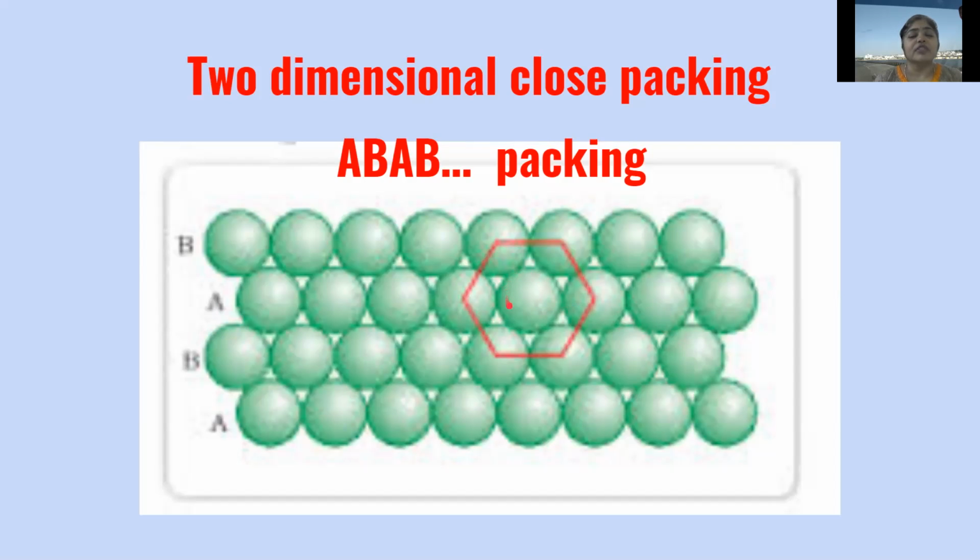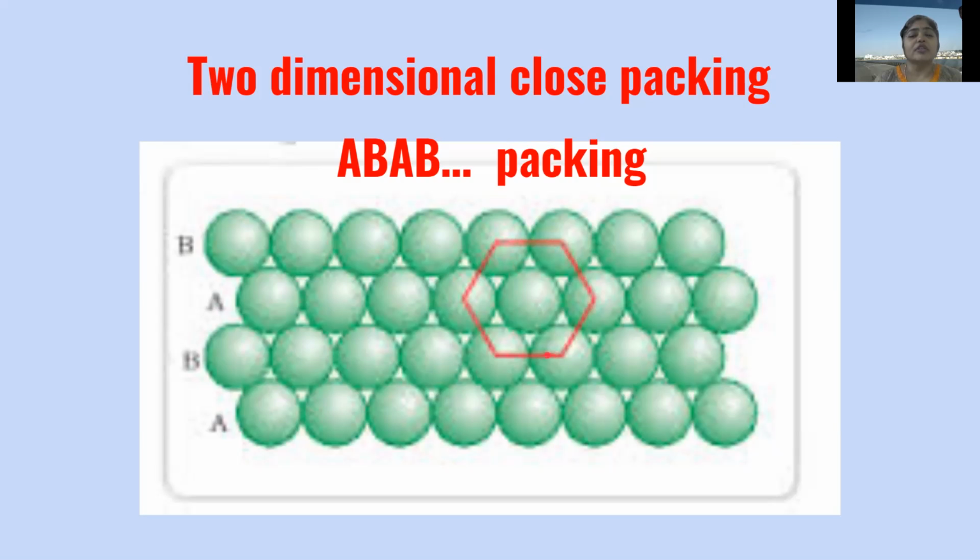If I were to consider any one central atom over here, I can see that this particular atom is in contact with two other atoms in the same row. At the same time, it is in contact with two other atoms from each of the adjacent rows, one above it and one below it. That means in all, this particular sphere is in contact with six other spheres.